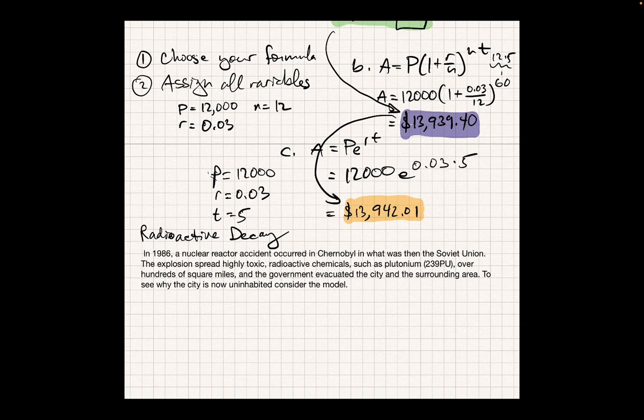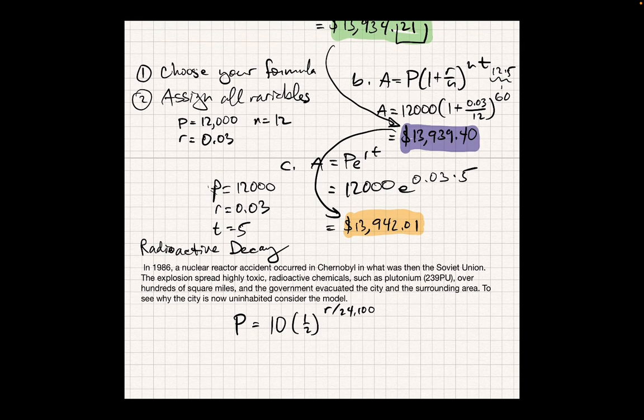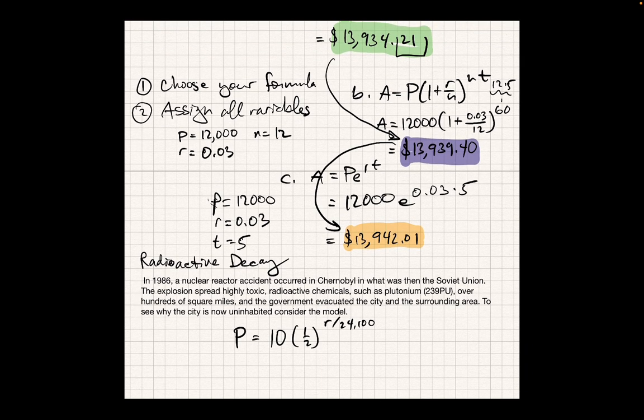So, to investigate why the city of Chernobyl is still uninhabited, we're going to look at the model P equals 10 times 1/2 raised to the R over 24,100. You should give us time to write that down. So you should write down radioactive decay.